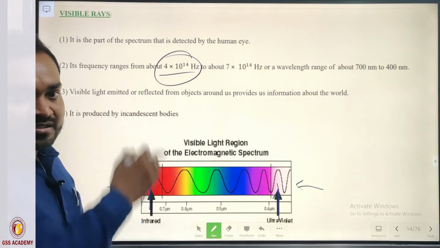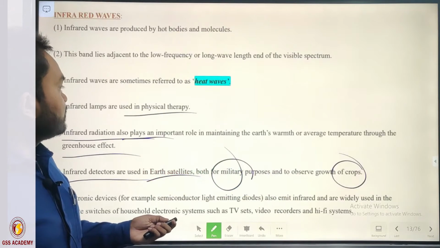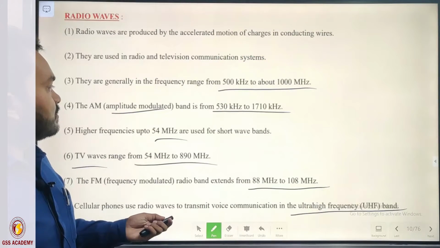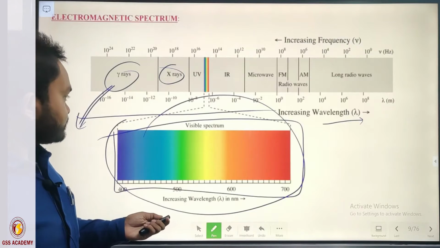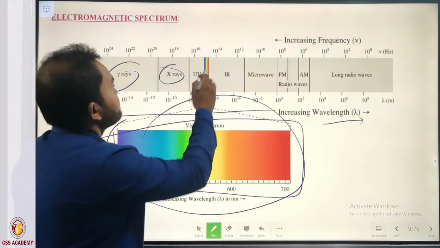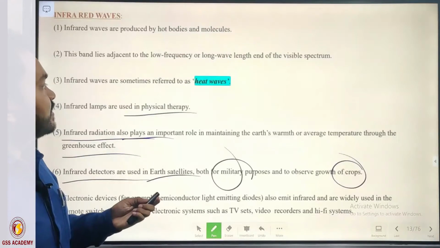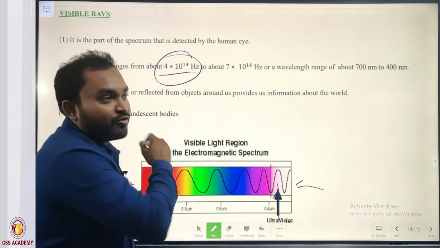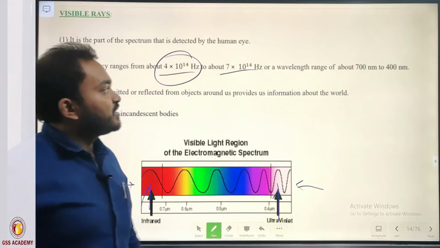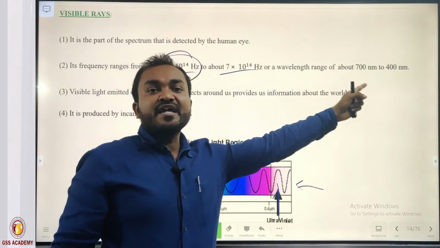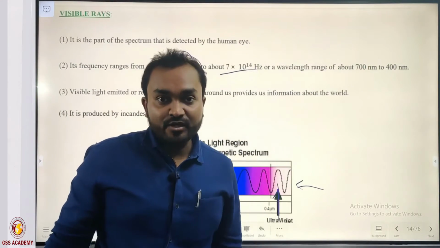This is the visible range. So 4 into 10 to the 14 to 7 into 10 to the 14 hertz, or a wavelength range of 700 nanometer to 400 nanometer.